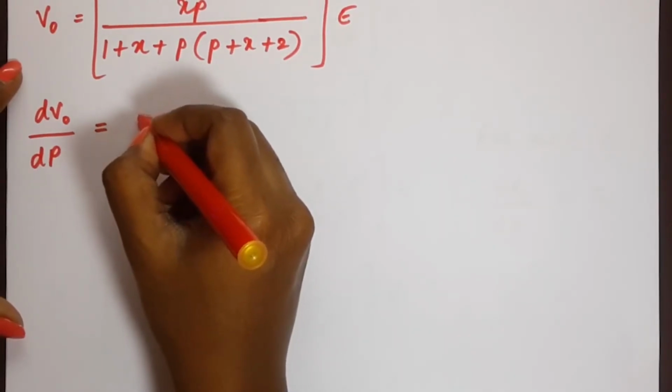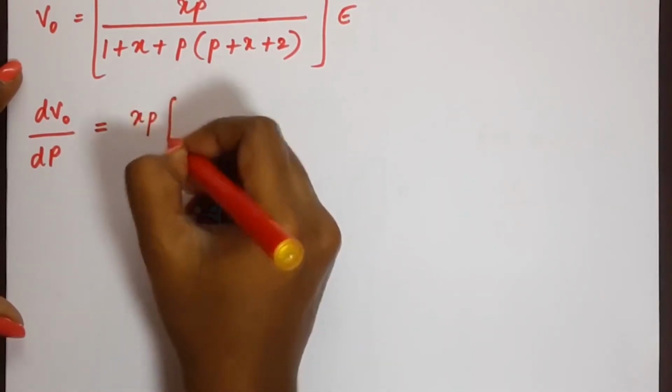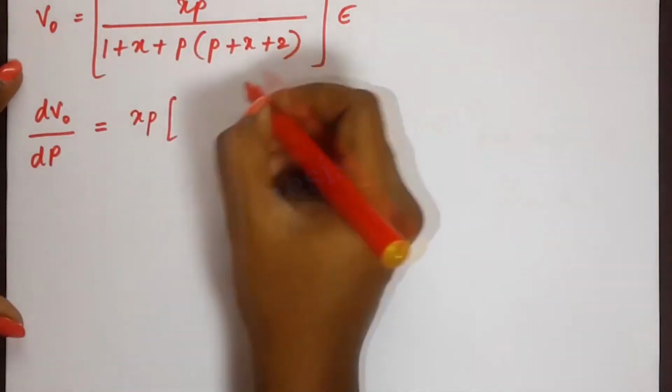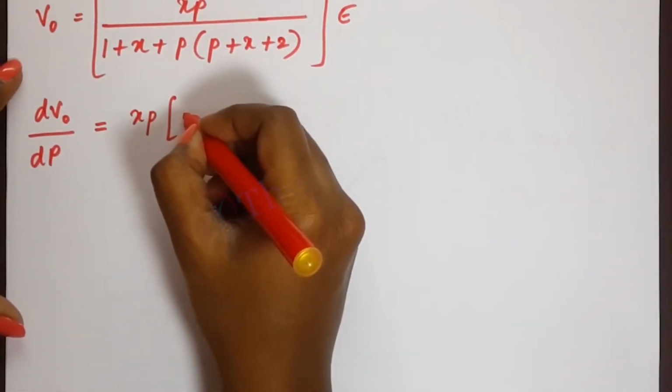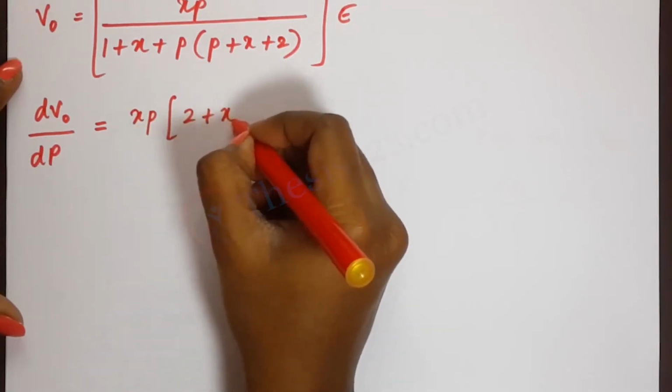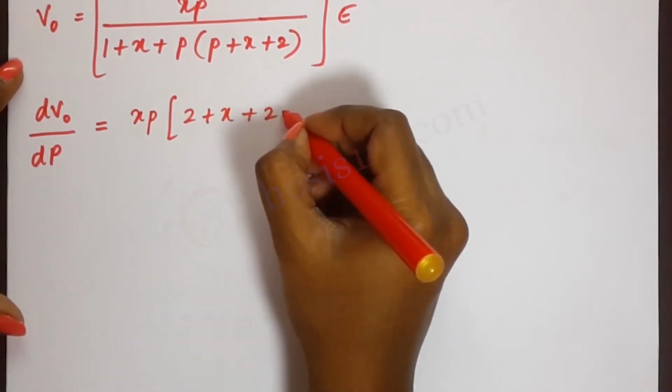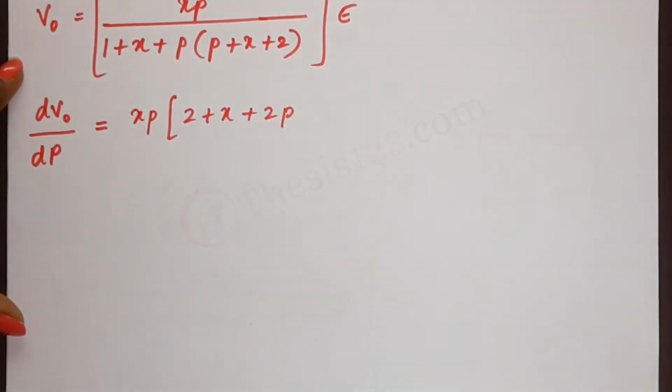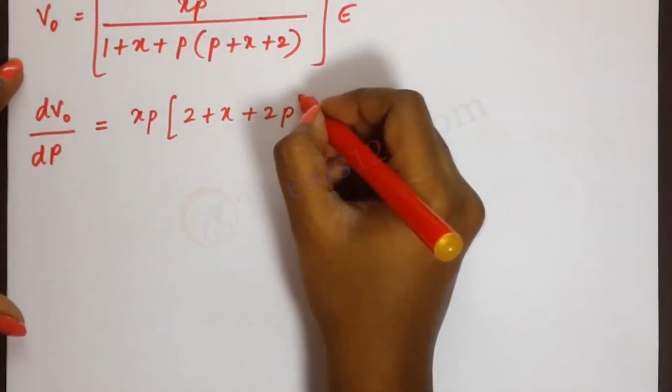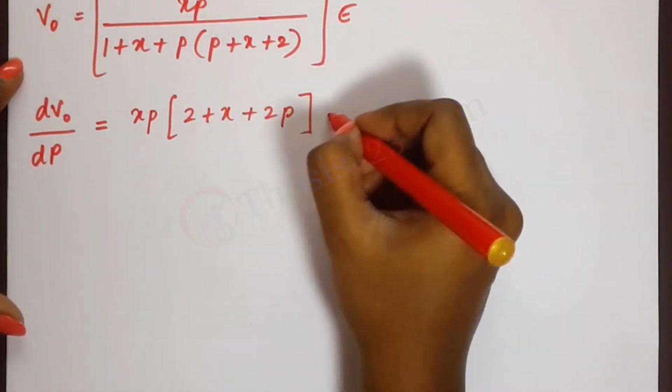We have XP into the derivative of the denominator, which, since we are doing it in terms of P, would be 2 plus X plus 2P. That's the denominator.